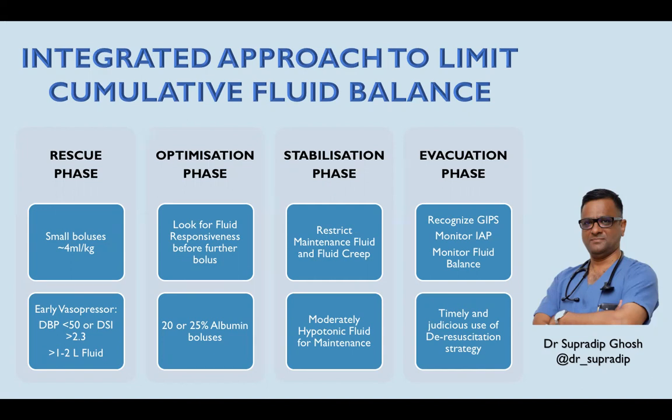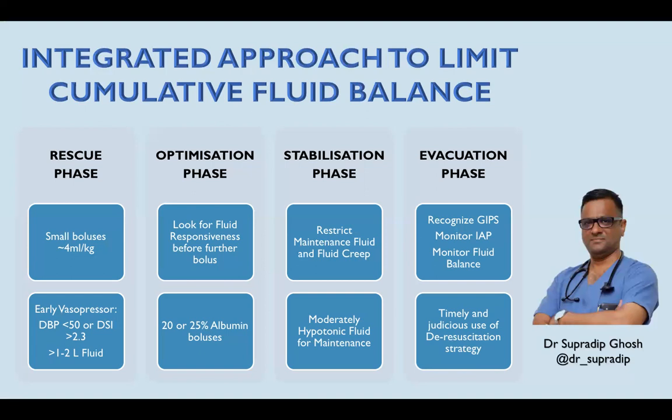In the optimization phase, where the patient is not in dire emergency, but we may or may not require fluid, in such phases, where the patient is still hypoperfused, one way of giving fluid is to look for fluid responsiveness before further fluid boluses. If the patient is not fluid responsive, we should not give even a single drop of fluid.